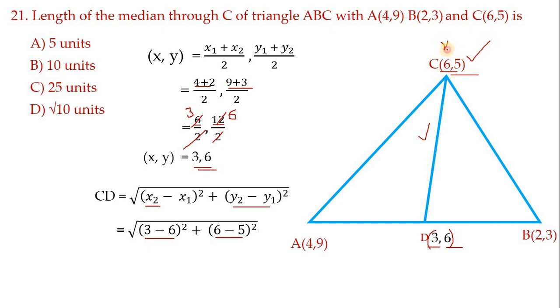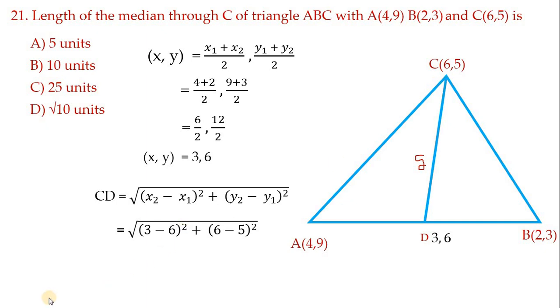You can take this as x1 and y1 and this as x2 and y2, or otherwise. It's not a problem if you interchange the coordinates, the value never changes. Why? I repeat: if you find for example C to D, the length is 5 cm, then from D to C also it will be 5 cm itself. So the length never changes.